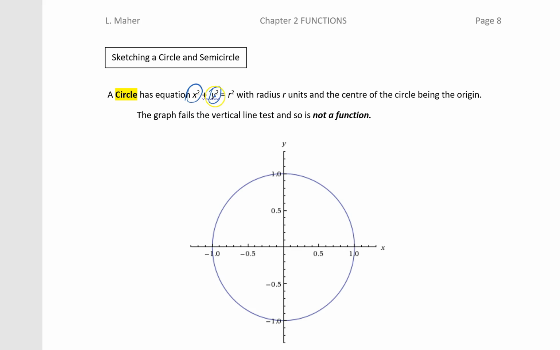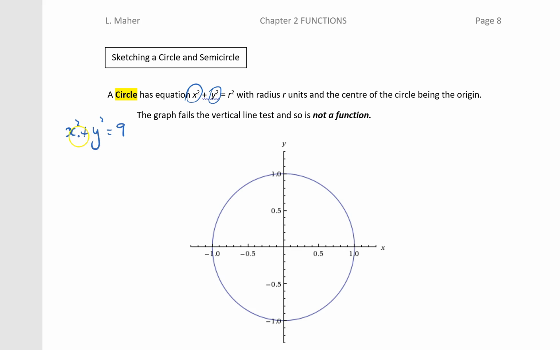So an x squared plus a y squared is equal to an r squared, and r is the radius. Certainly when you see perfect squares, and it doesn't have to be a perfect square, but if you do see one, for example, x squared plus y squared is equal to 9, you would know you have a circle, center the origin.